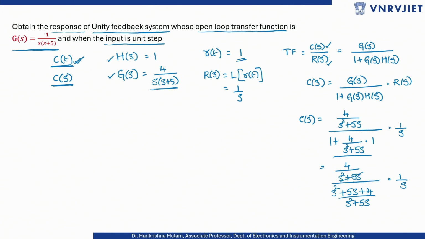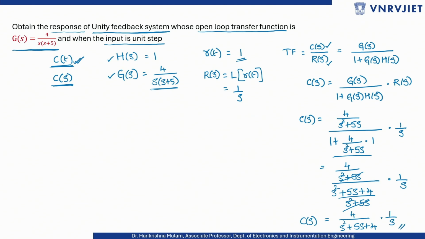The denominator of the numerator and the denominator of the denominator get cancelled. Therefore, the output in the s domain, C(s), is equal to 4 / (s² + 5s + 4) times 1/s.